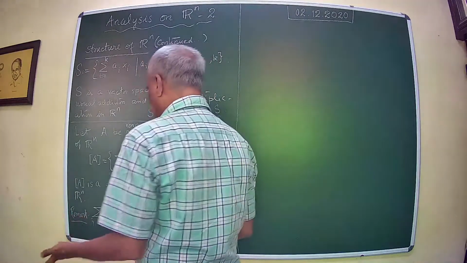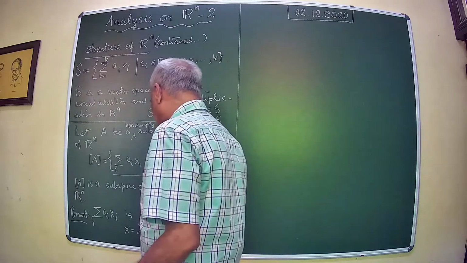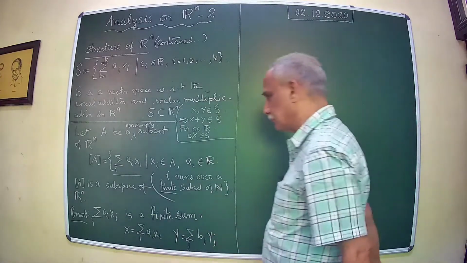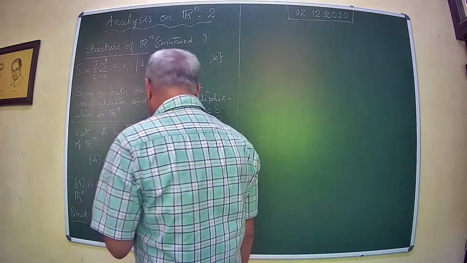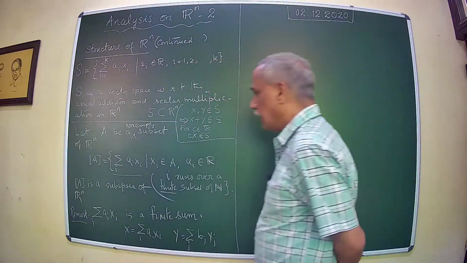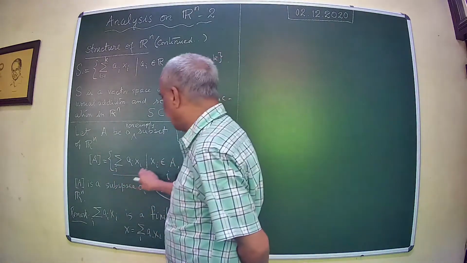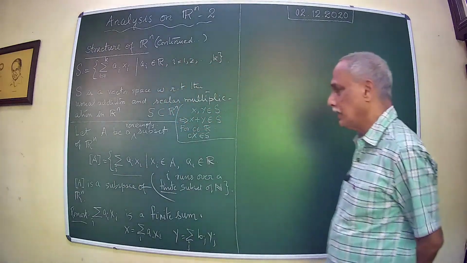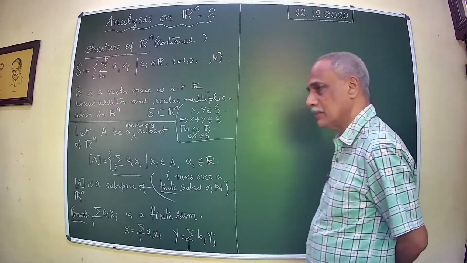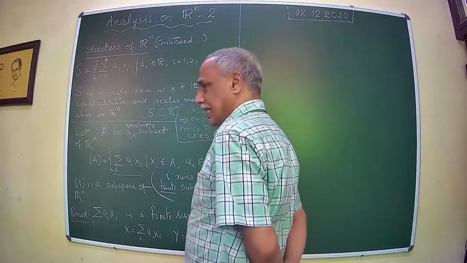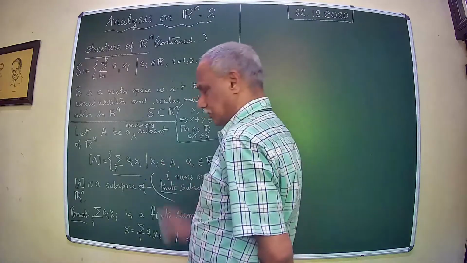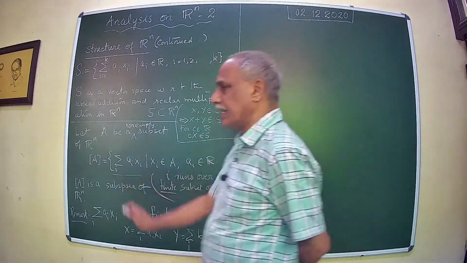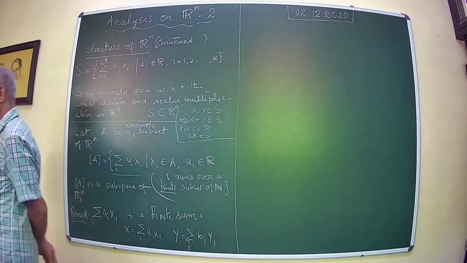Does it make sense? It does make sense because this is in Rn, this is also in Rn, you can add vectors in Rn. So this is well defined, it's a finite sum. So x plus y belongs to this collection because it is again of the same type. It is of the form sigma over k of ck zk, where it's a finite sum. So that is clear. Similarly for scalar multiplication.